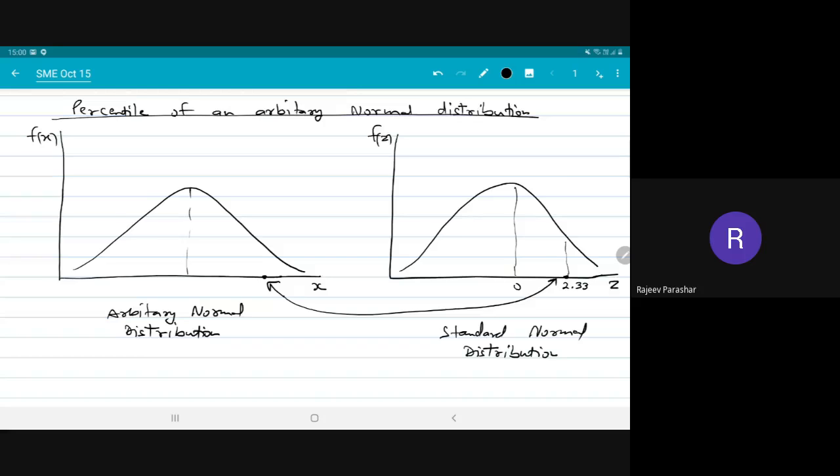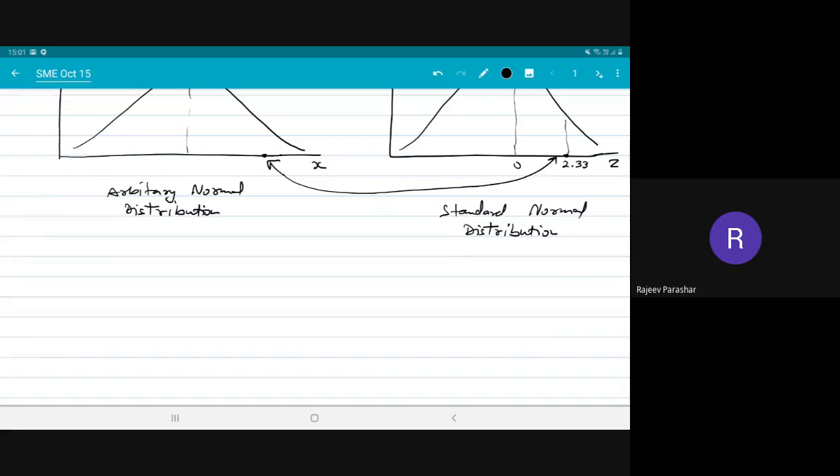All we have to do is locate the corresponding value of 2.33 on the axis of our arbitrary normal distribution in terms of... Let me also write the expression here. I'm writing this in sentence.